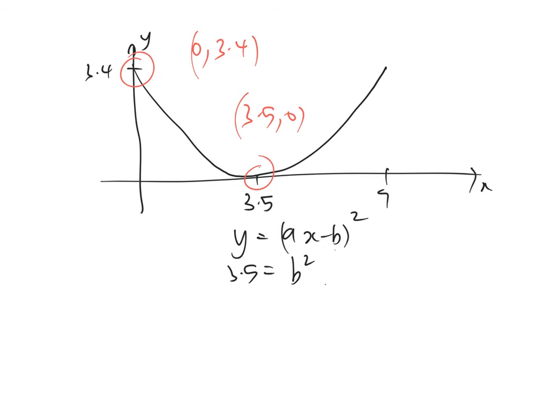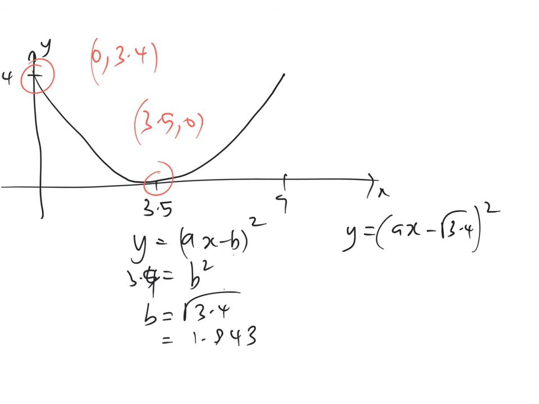Having substituted in 0 and 3.4, then ax disappears. y is equal to 3.4, and negative b all squared is b squared, so b squared is equal to 3.4, and b is equal to the square root of 3.4, which is equal to 1.843.